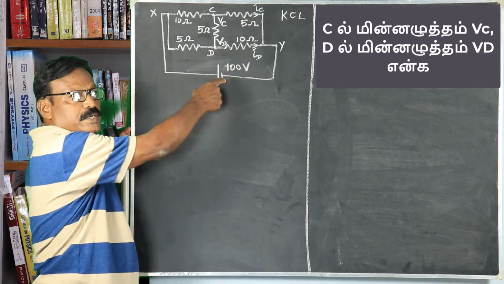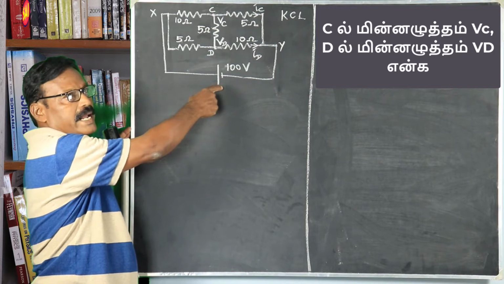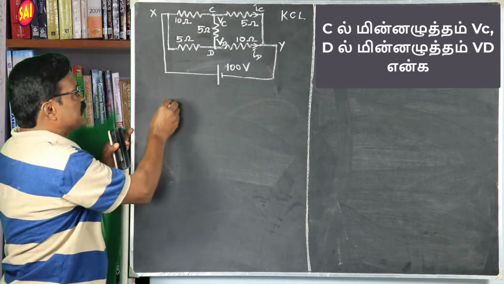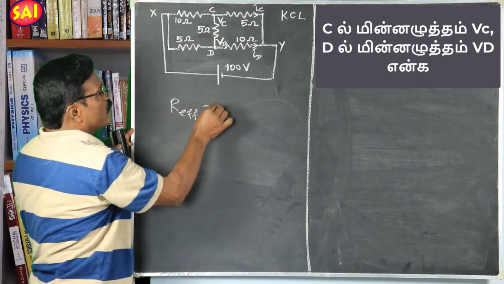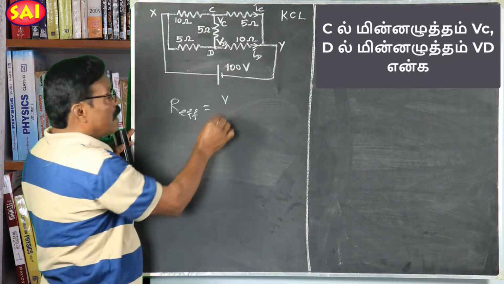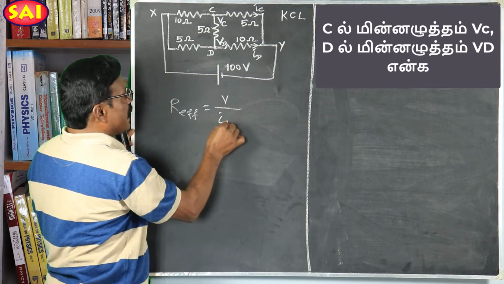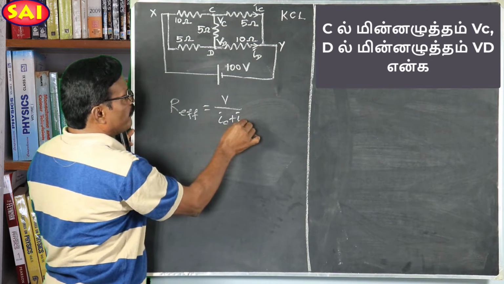As we know the total potential applied, we can calculate the effective resistance, which will be equal to the potential divided by the total current IC plus ID.